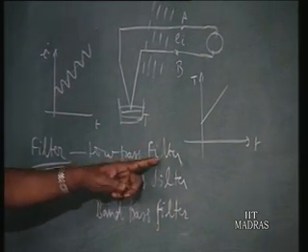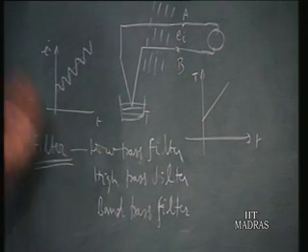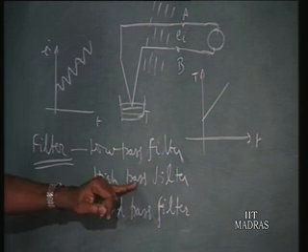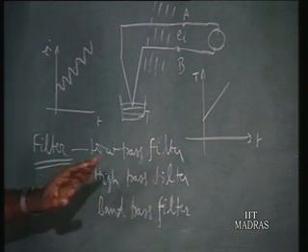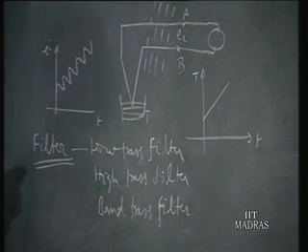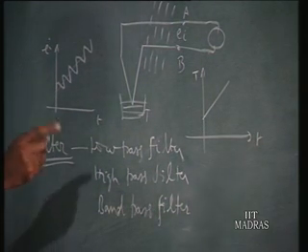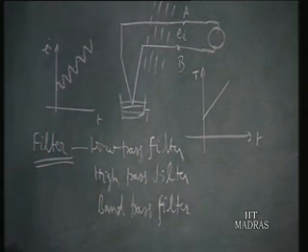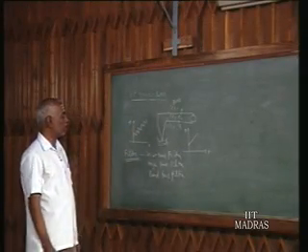As per the name, a low pass filter will pass the low frequency signal alone, and the high frequency signal will be stopped. Whereas a high pass filter will pass the high frequency signal and the low frequency signal will be cut off. And a band pass filter will allow only frequencies within a bandwidth to pass. That is, lower than the range will be cut off, and higher than that band will also be cut off. So that is the three, but in this application we are supposed to use a low pass filter.